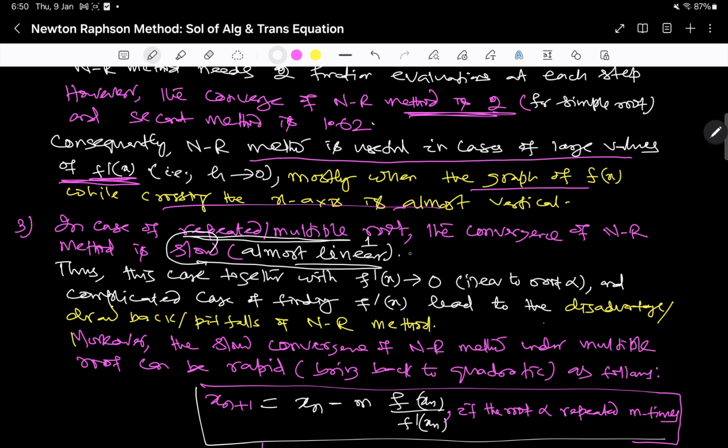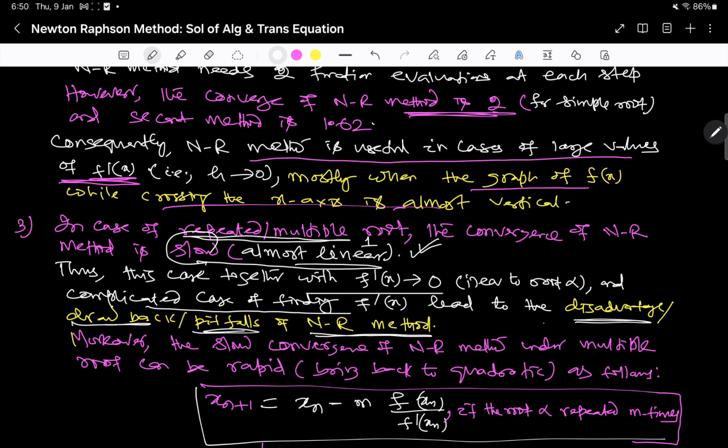Now together with this repeated root, or the case when the denominator f dash x is 0, or these complicated cases of finding the derivative, these are the disadvantages, the drawbacks or the pitfalls of the NR method.